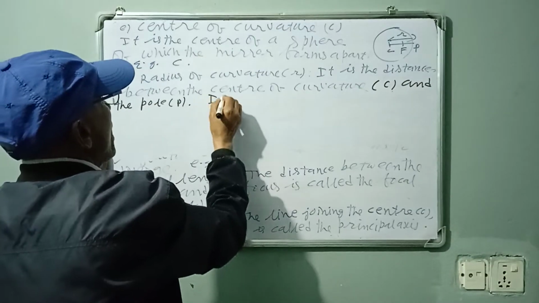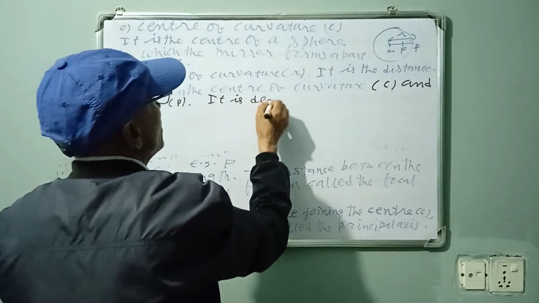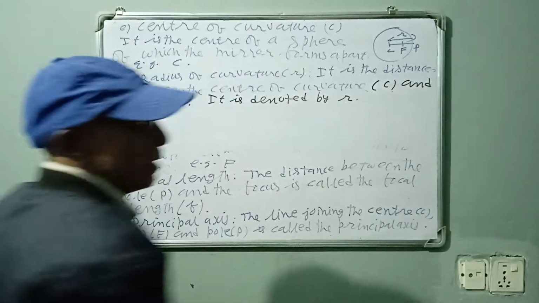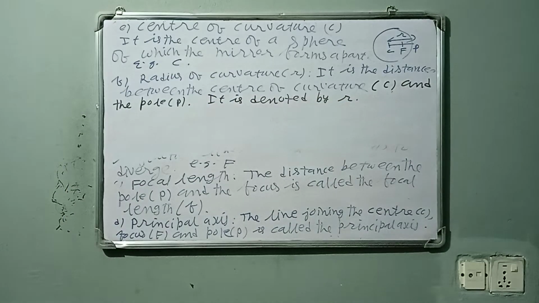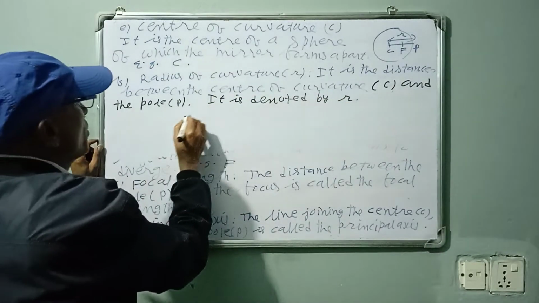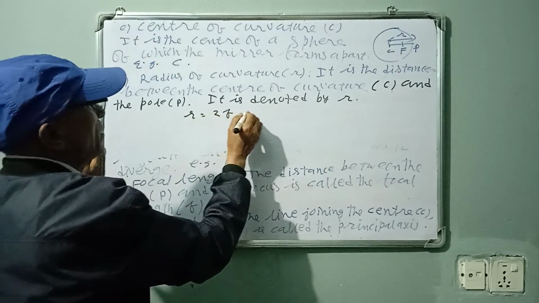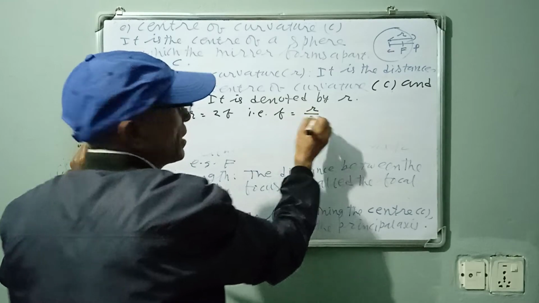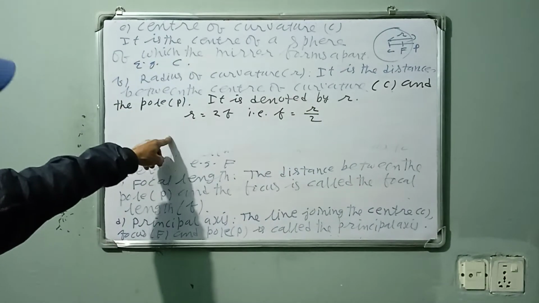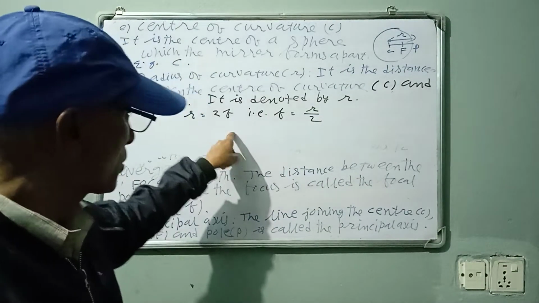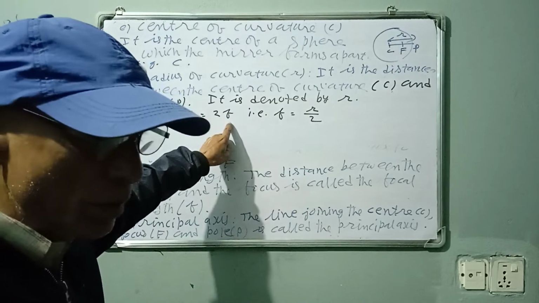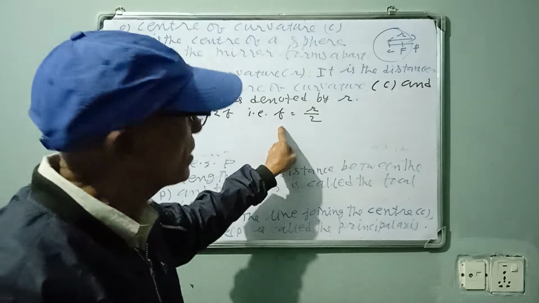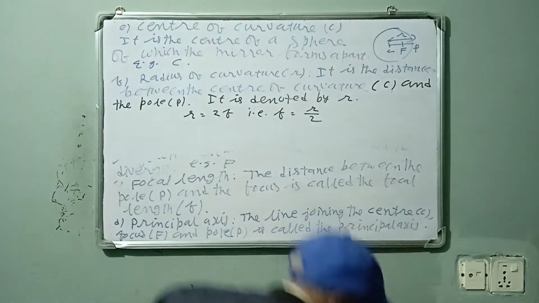It is denoted by small r, which is double the focal length. That means focal length is half of the radius of curvature, and radius of curvature is double the focal length.